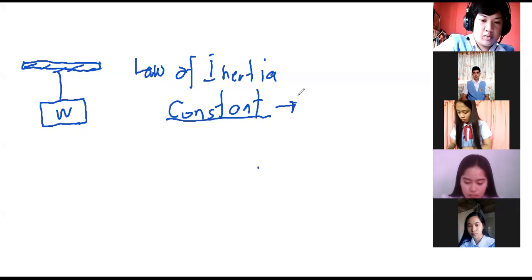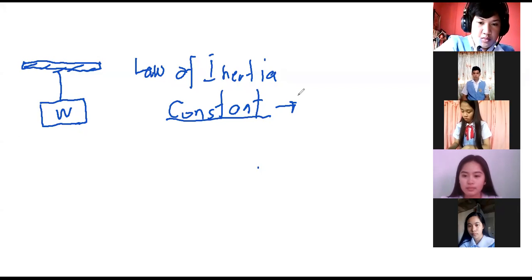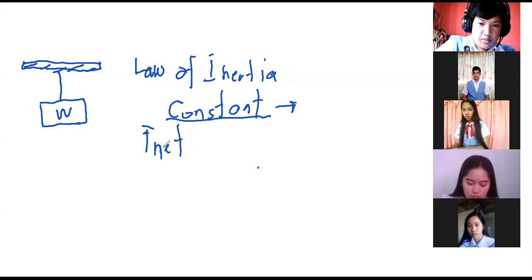So the first law is telling us that an object at rest will just remain at rest, and an object in motion will just continue to move unless acted upon by a certain net force. Again, we review the net force, with the symbol F net.